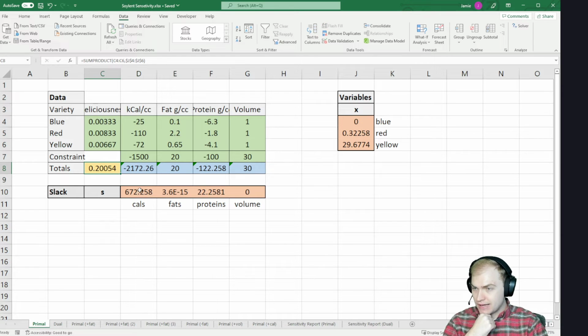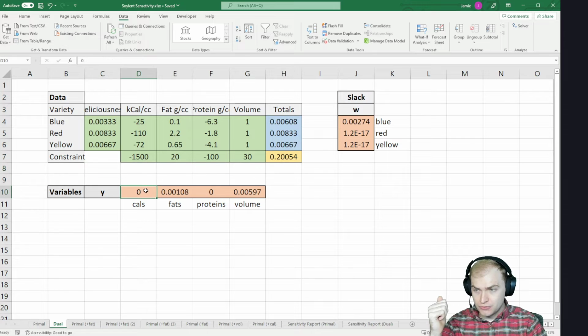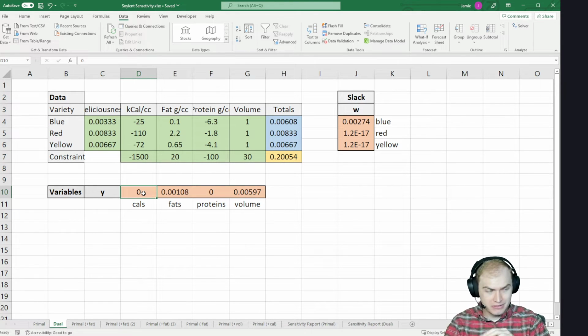If we look at the slack variable for the primal problem associated with the calories constraint, we see that it is positive, which means that the dual variable has to be 0, like complementary slackness.